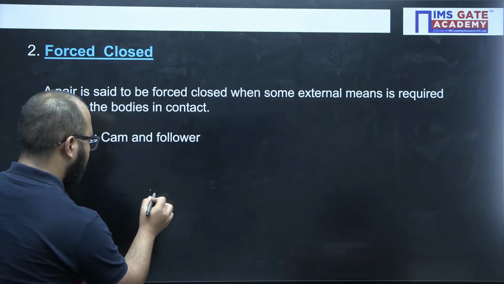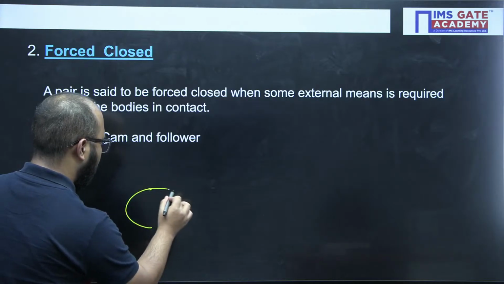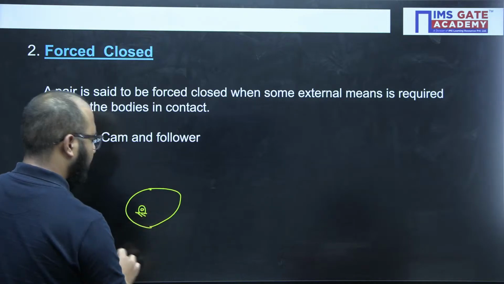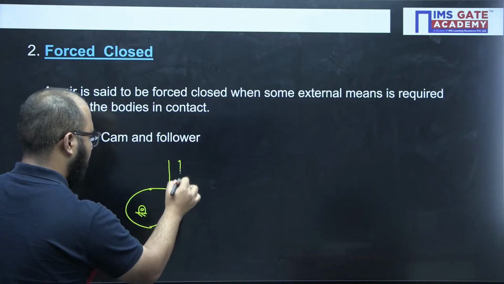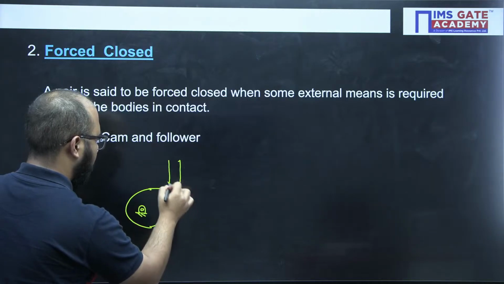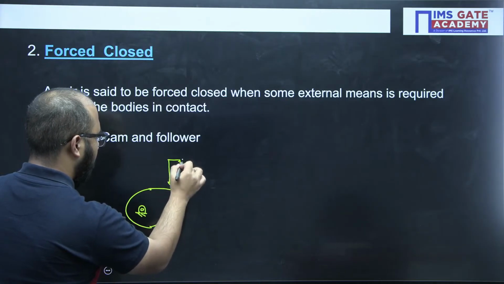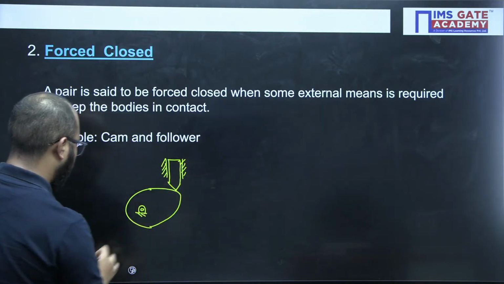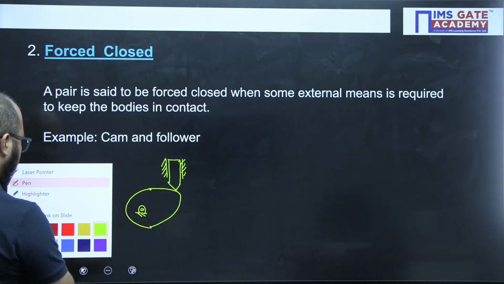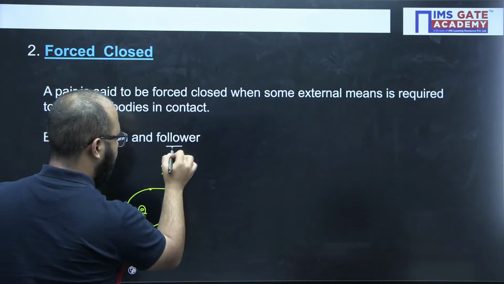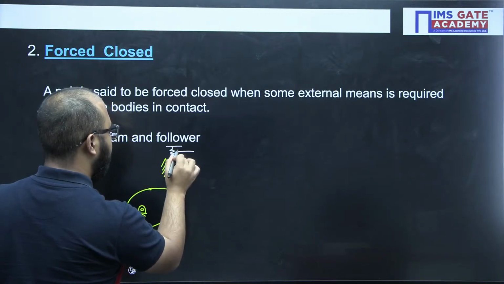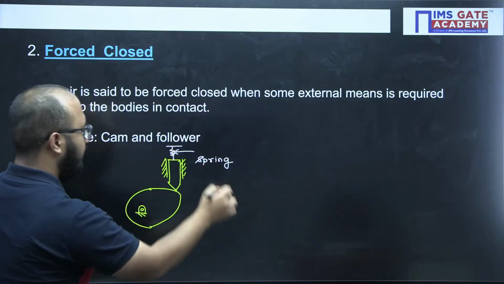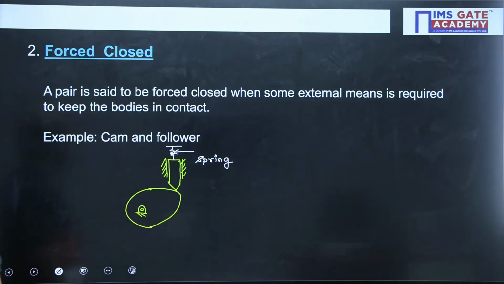Let's suppose this is the cam, and this is the follower, and this follower needs external means, for example through a spring.